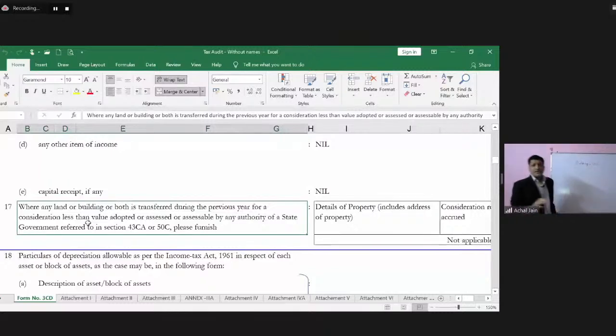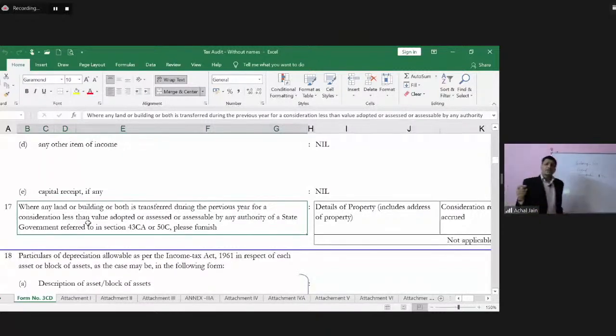But actually, this was transferred at 9 crore. Transferred means it was sold. So that's why the actual consideration was 9 crore only.